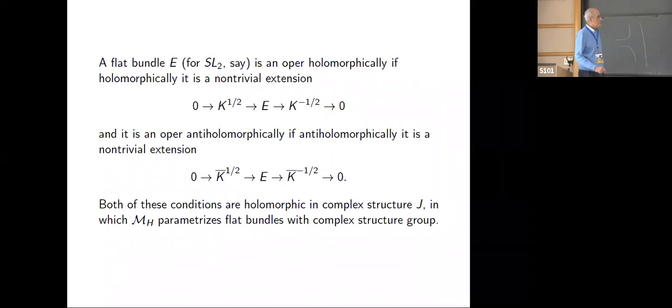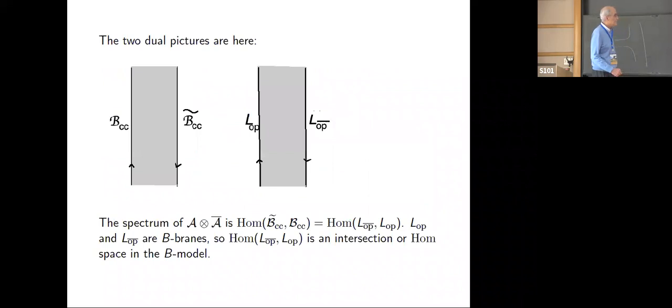The statement that's elementary but possibly unfamiliar is that these conditions can both be viewed as holomorphic conditions in the complex structure where you're studying flat bundles. And the complex structure comes simply because SL2C is a complex manifold, a complex Lie group.